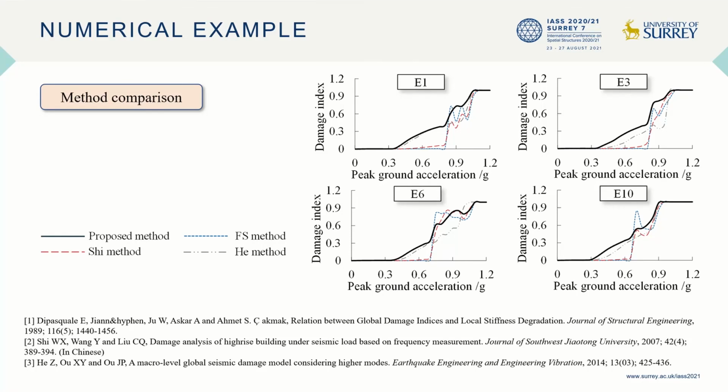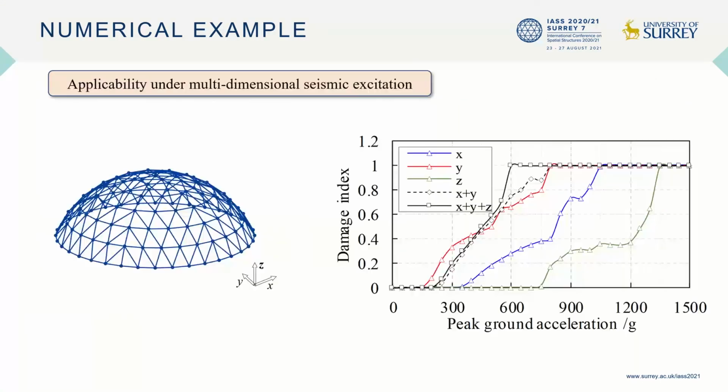In addition, in the case of the strongly nonlinear range, the modal coupling effect of the structure makes the assumption of the modal superposition principle in the linear range no longer valid, and oscillating changes are observed in the damage index curve generated by the He method due to these reasons. In addition, we also verify the applicability of the method under multi-dimensional seismic excitation, and the results are satisfactory.